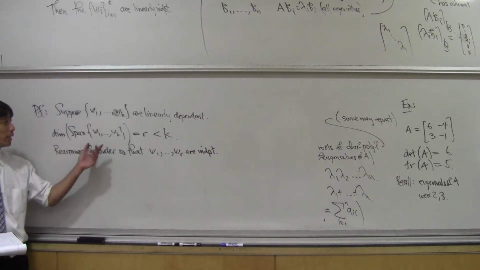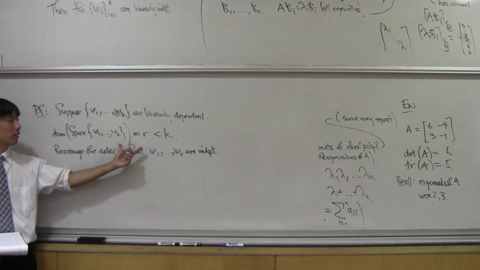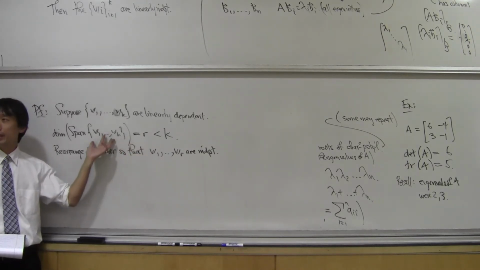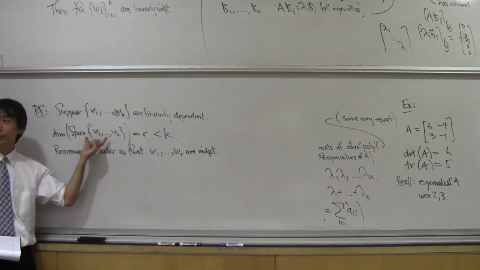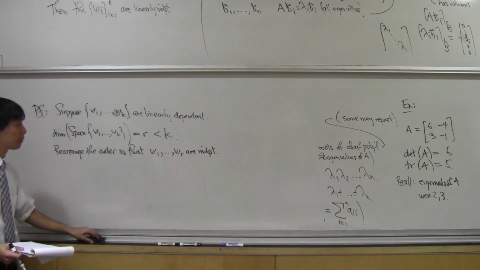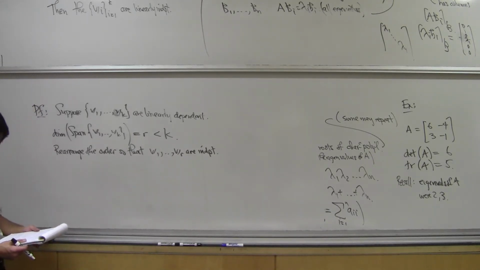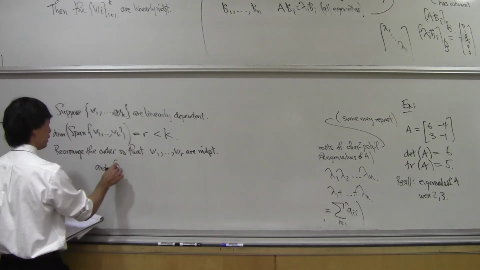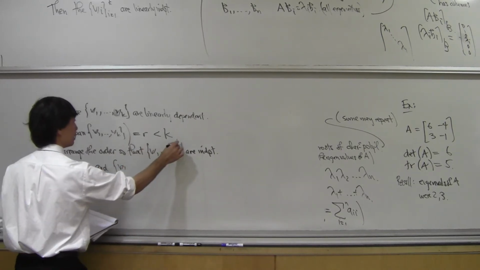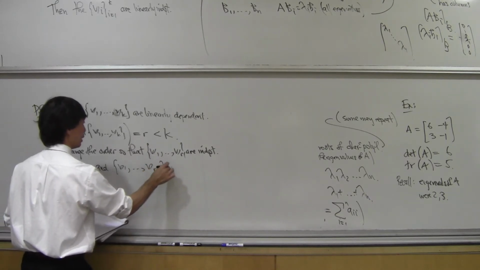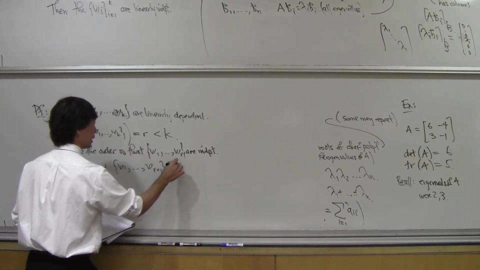But you know that there's going to be r guys who are independent there. Make those guys the first r guys. So just rearrange the order, and so that V1 through V(r+1) are linearly dependent.